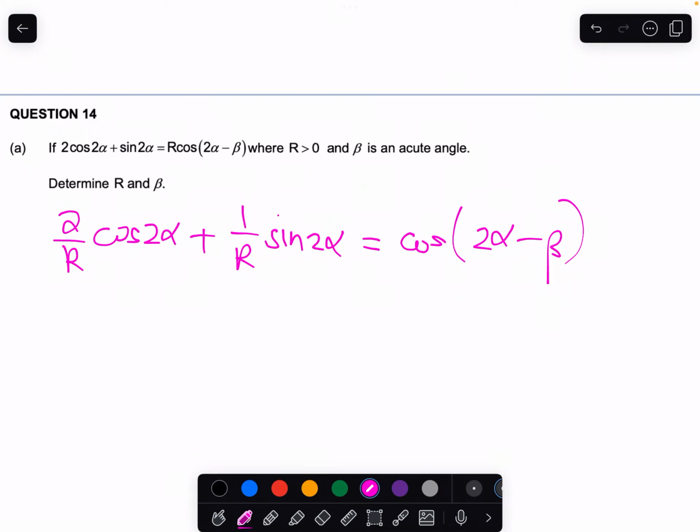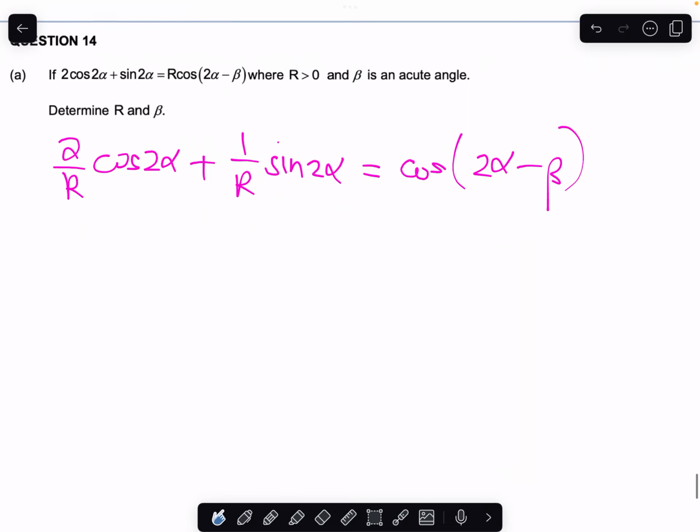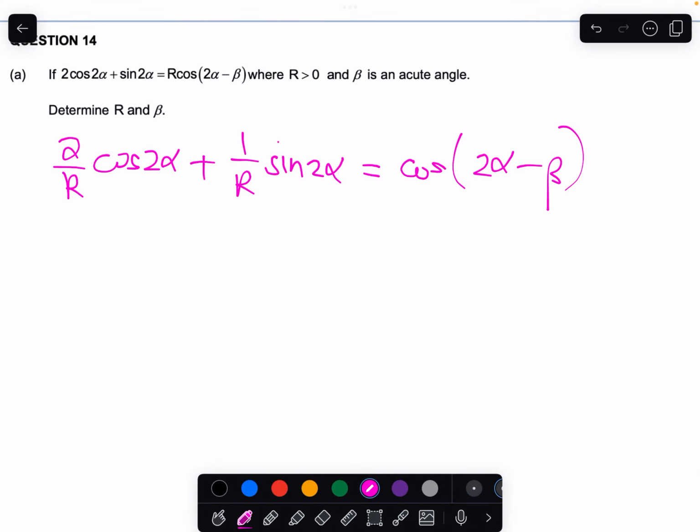So I mean, cos 2 alpha, we don't know what kind of angle 2 alpha is, but let's just suppose it's an angle in here, right? Doesn't really matter where it is. So there's going to be some length r, some coordinate x, y, where that line ends.